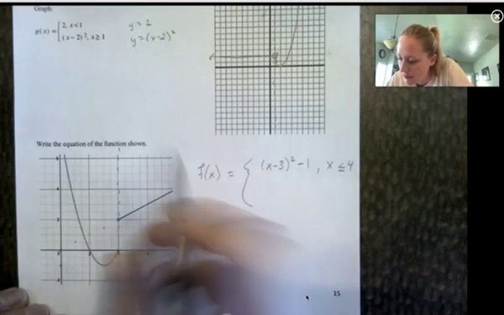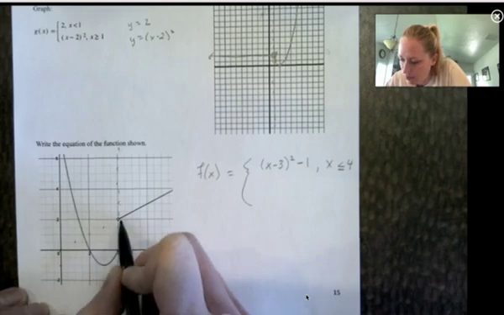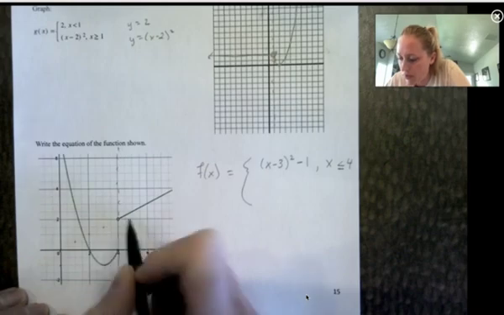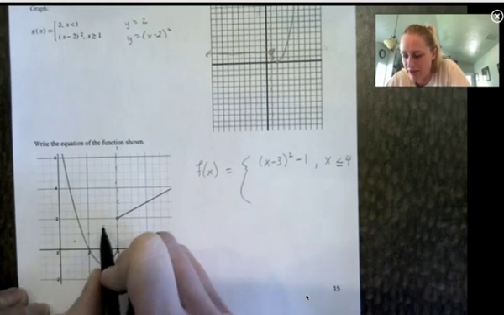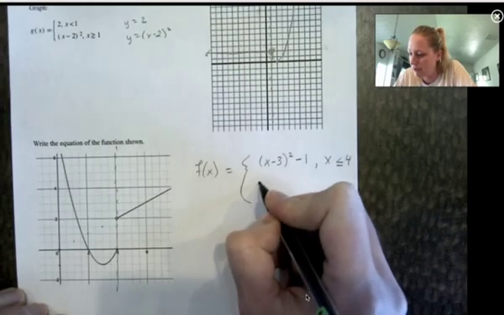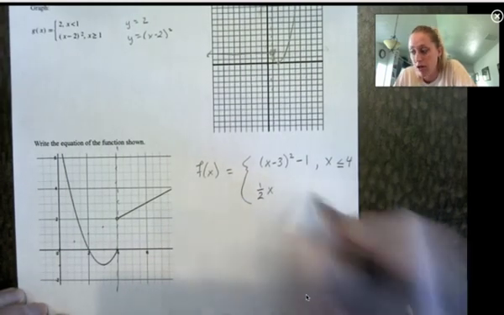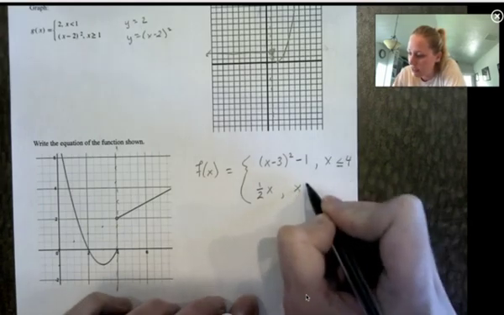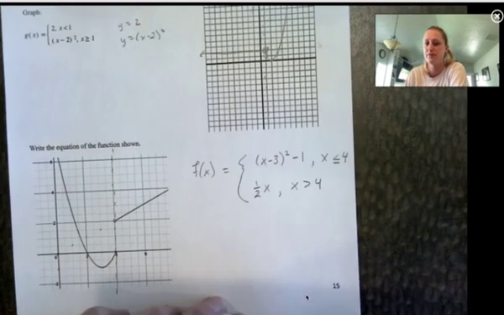And then the slope, kind of already said it, it's up 1 and over 2, but remember each of these is worth a half, okay? So up 1 and over 2 is also the same as up a half over 1, but that's going to be the same fraction. So it's 1/2 x plus 0, and I don't have to write the plus 0. Okay, and then it looks like this everywhere x is greater than 4.